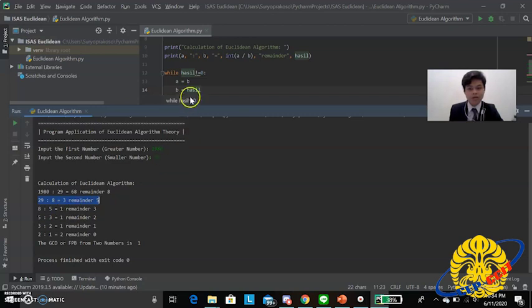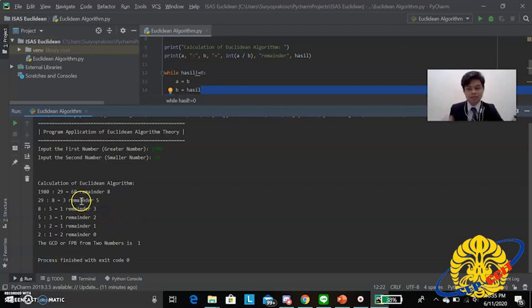We already changed the variable a equals b and b equals hasil. So this is the a variable, which equals b. Before that is the b variable, and this is the hasil. Yes, and we already changed b to hasil.